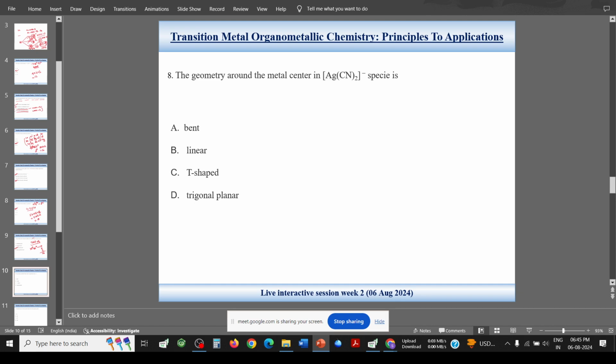What will be the geometry of this silver cyanide species? It will be a bent structure.